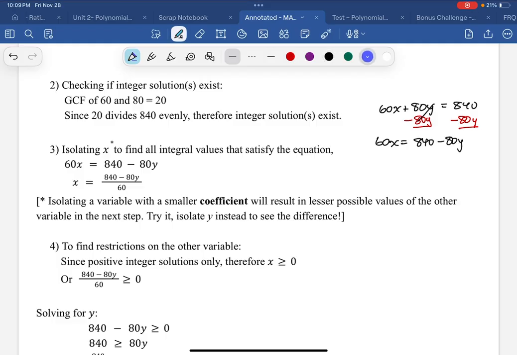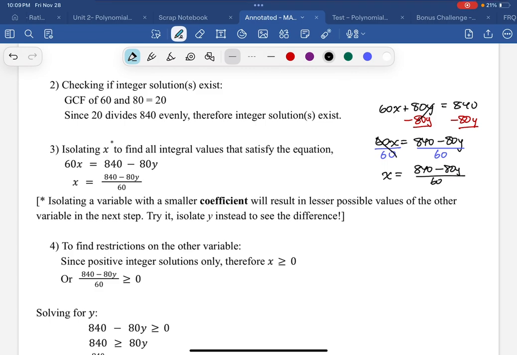So we leave them separate, just as a difference, but we don't actually carry out finding the difference. And on the left, I can divide out the 60. If I do it on the left, I do it on the right. You can simplify this further, but for now, we'll just leave it like this.